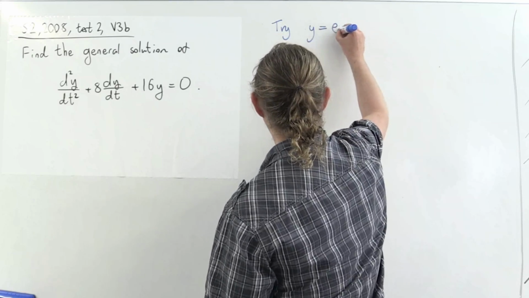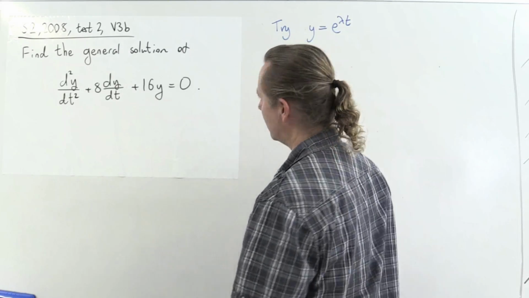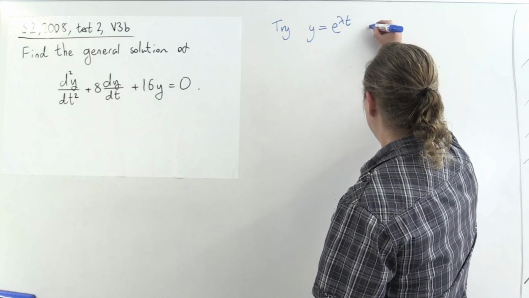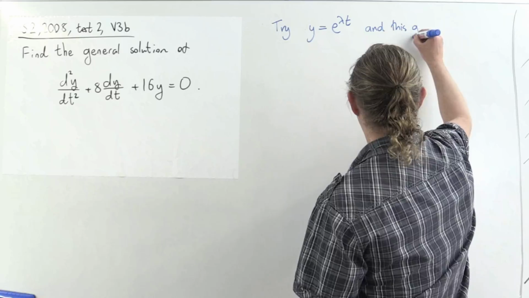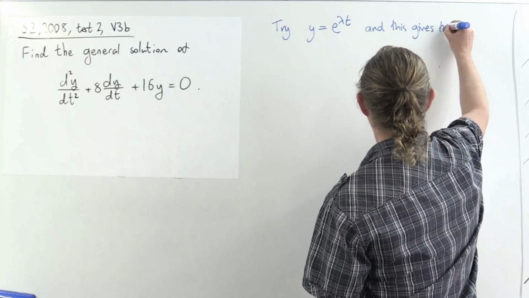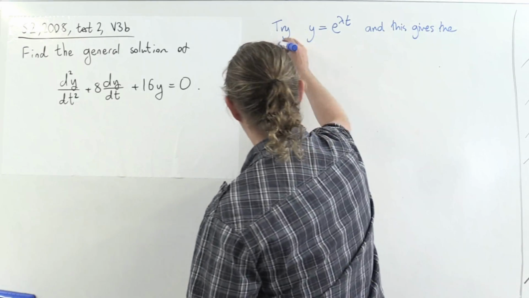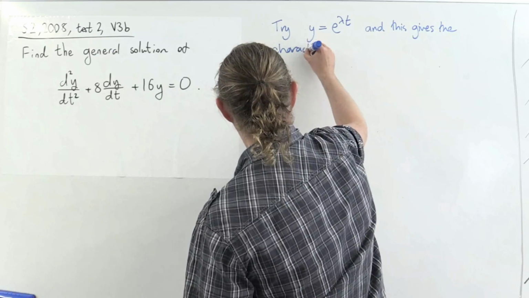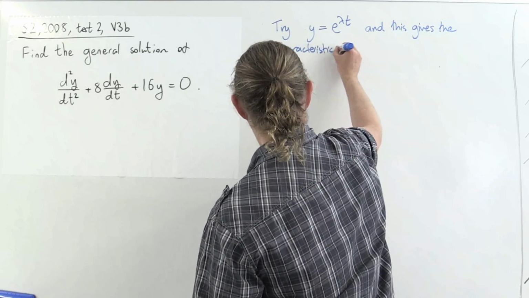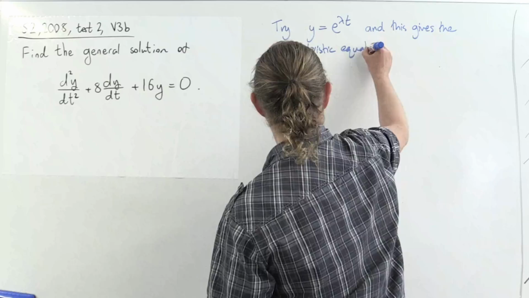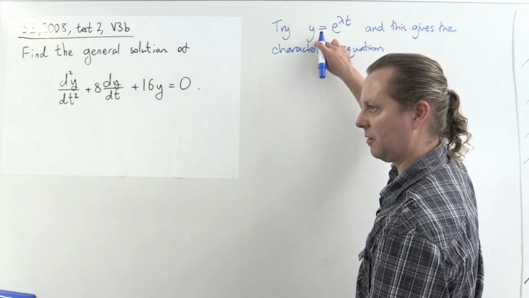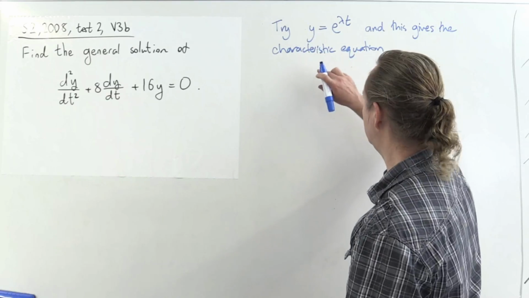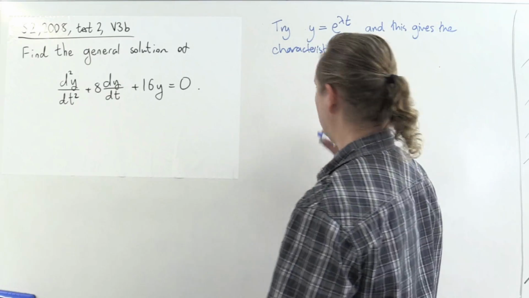So first of all, we try y equals e to the lambda t, and this gives the characteristic equation. When you take the derivative of this once, a lambda comes down, and again another lambda comes down, so the second derivative is going to have a lambda squared in front.